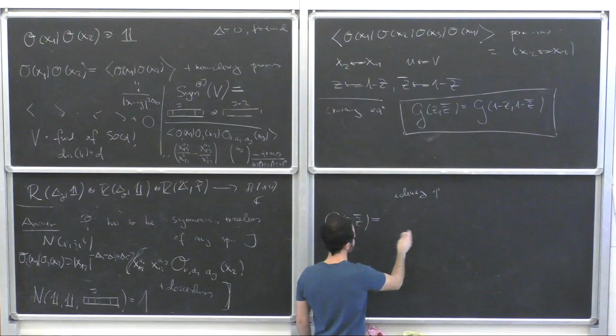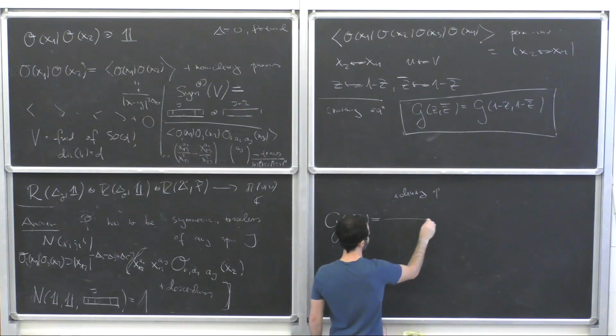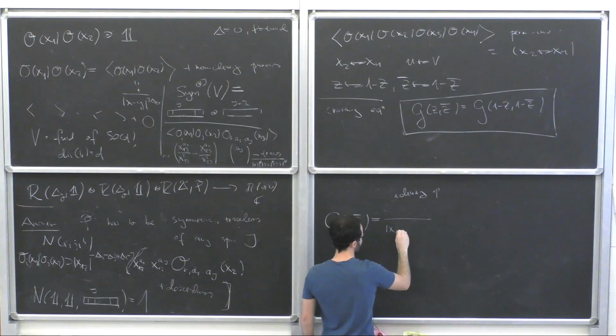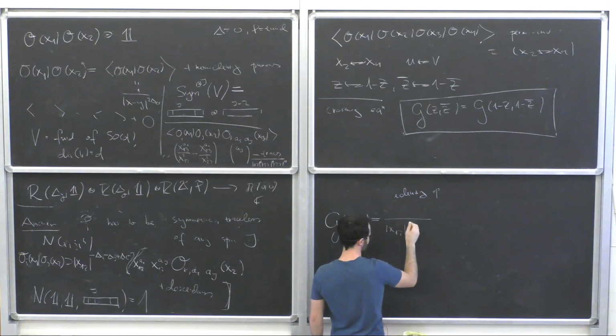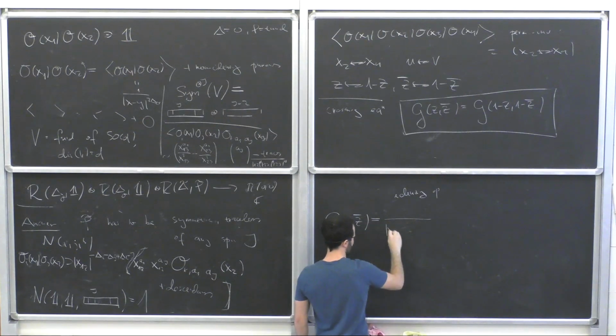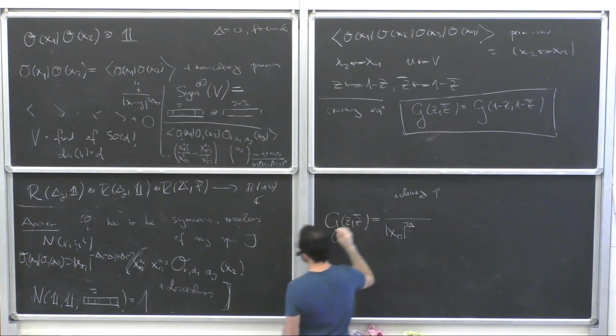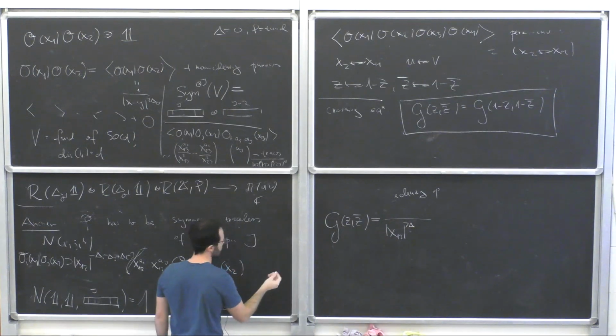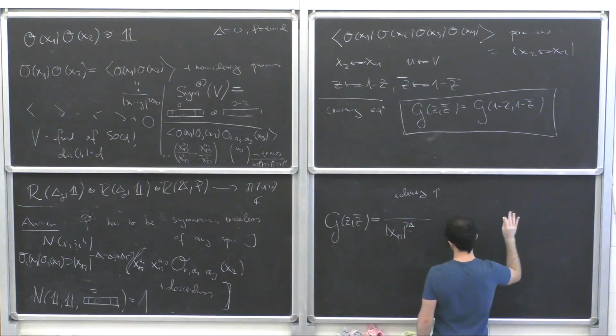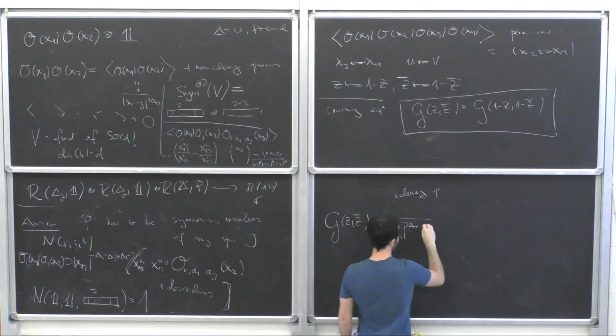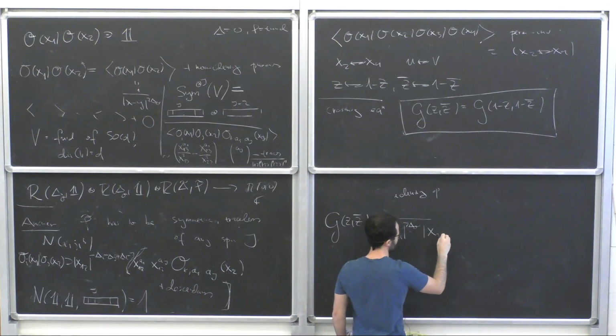So let's just do it. The identity would contribute x12 to the 2 delta phi, x34 to the 2 delta phi, let's call it delta phi. So this is the pair of 2-point functions, right?